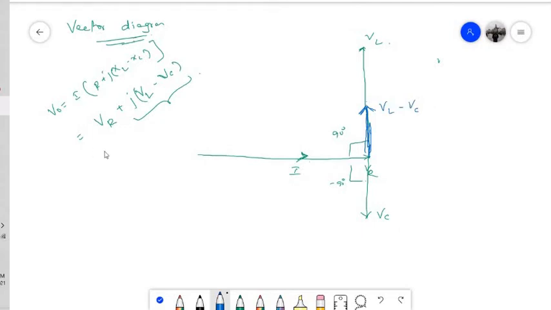Okay. Now how to find V0 or how to represent V0 here? It is nothing but the phasor sum of VR and J into VL minus VC. Now this will be my V0.